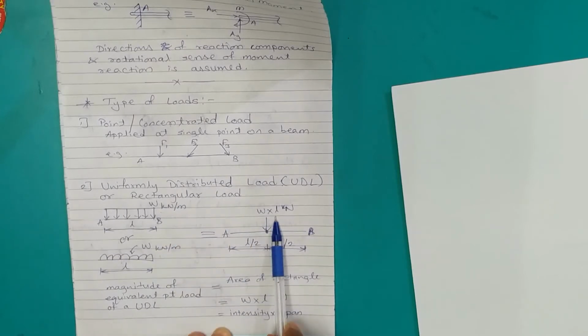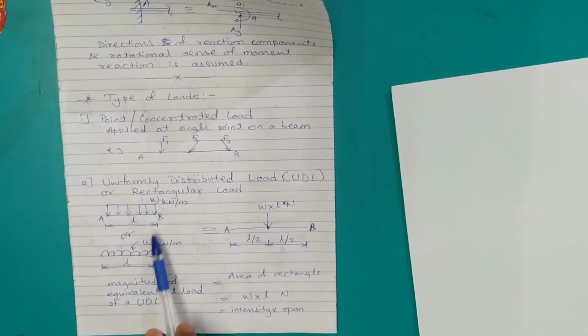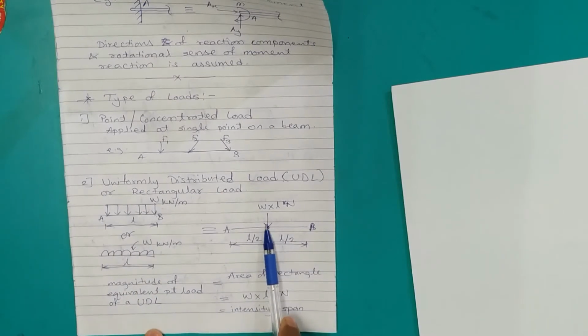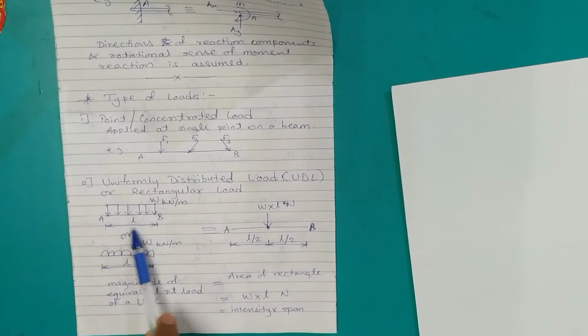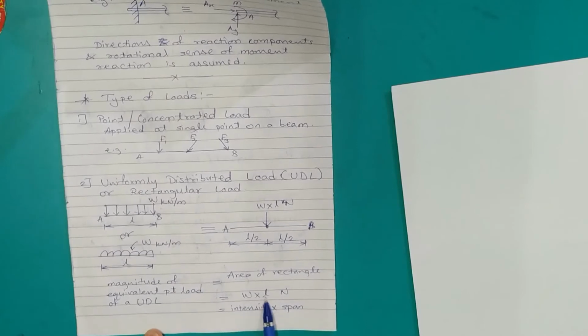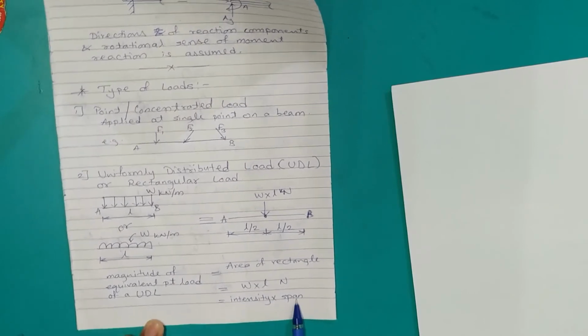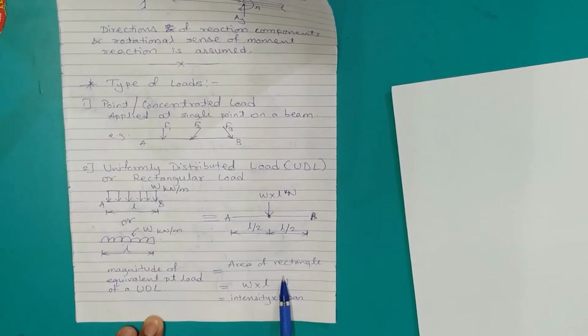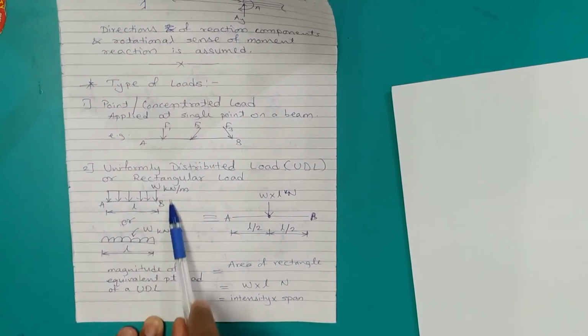So we'll just recap. The magnitude of the equivalent point load for the given UDL is the area of the rectangle. So W into L, that is intensity into span, represents the equivalent point load for the given UDL.